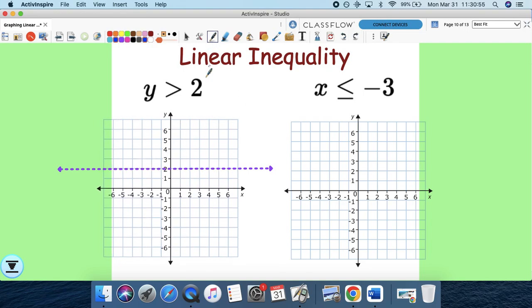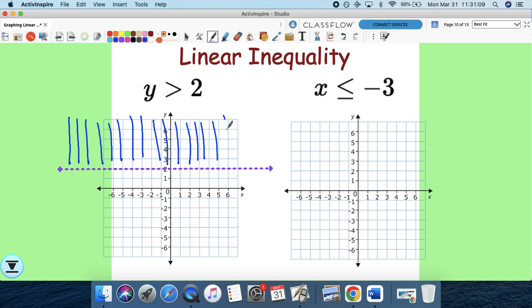Now, where's the region where all the y values are greater than 2? Well, remember when I said when it's greater, the region would be on top of the line? So this area has all the points where the y coordinate is greater than 2. And you can do a test point. We'll pick this guy right here. That point looks like -5 and 6.